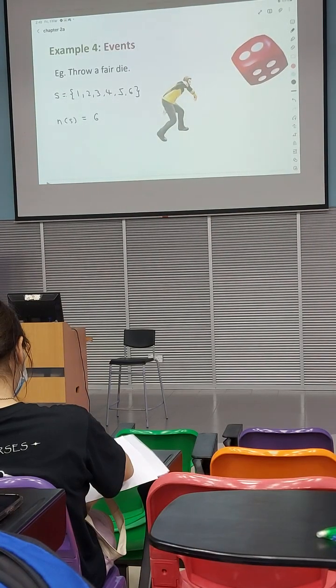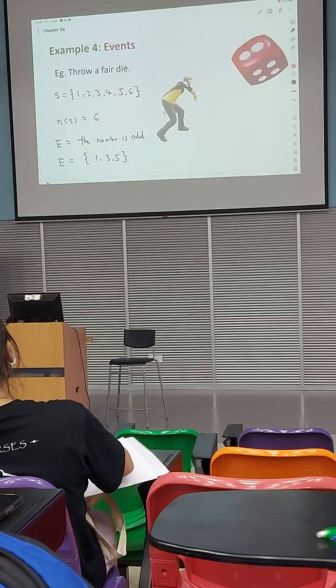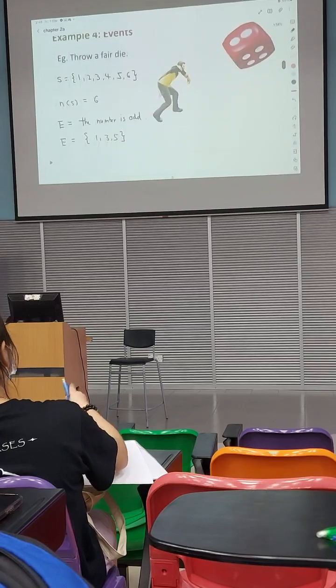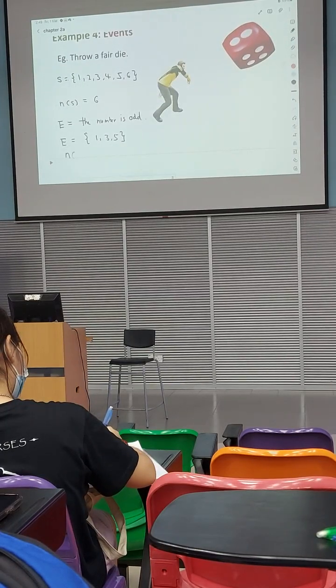Now let's say I want to define an event where the number is an odd number only. What are the elements that fulfill this criteria? 1, 3, and 5. I cannot choose 7 because it's outside the sample space. Hence you will notice that the number of events is now equal to 3.